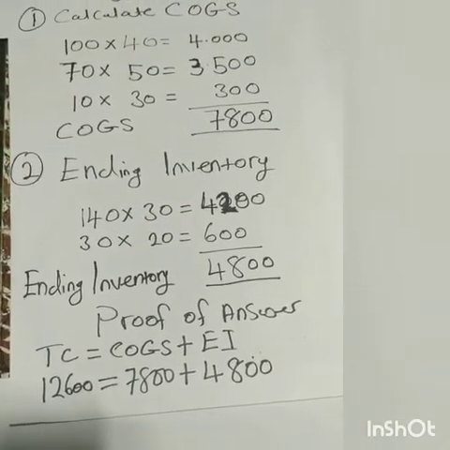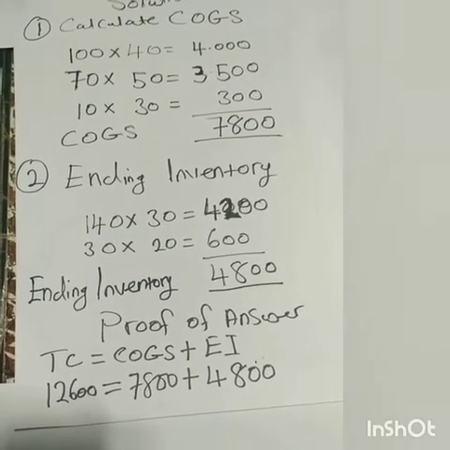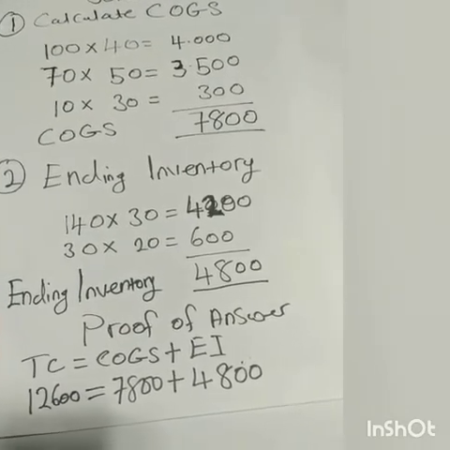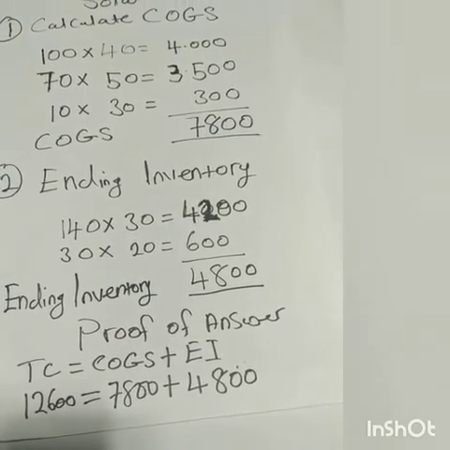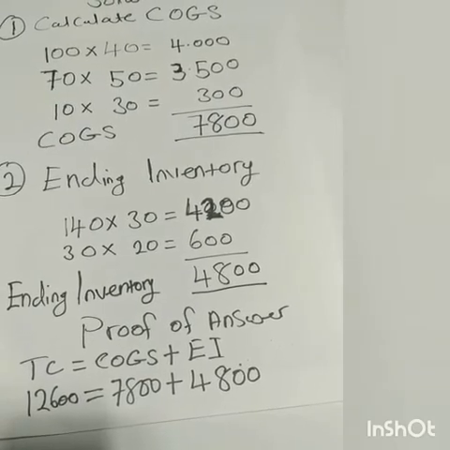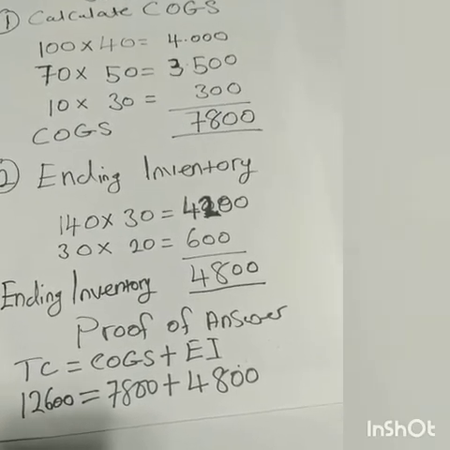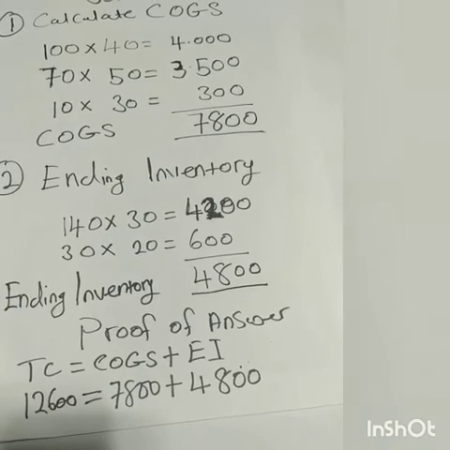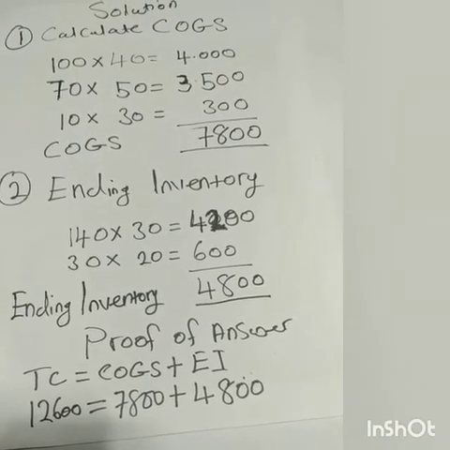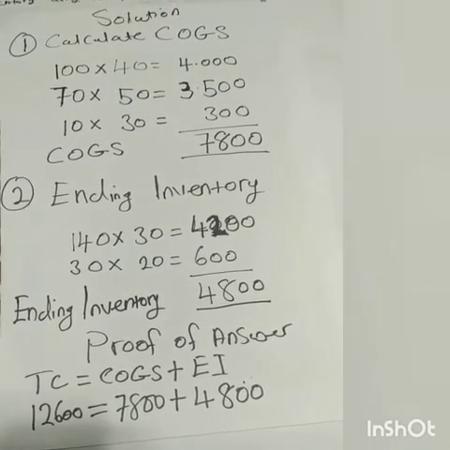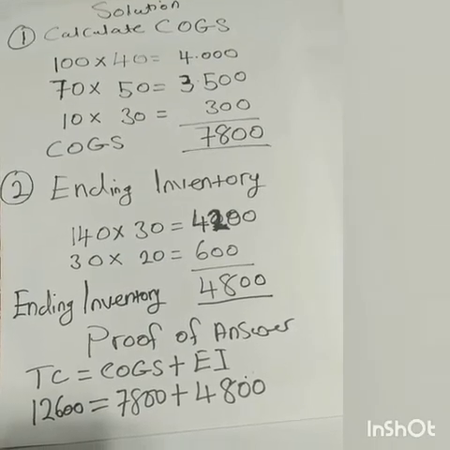You remove 10 out of it and you still times it with the unit price of that transaction. So the unit price of that transaction is 30. So you take 10 times 30 equals 300. So you sum it all and you're going to have 7,800, and that is your cost of goods sold. All right, that is your cost of goods sold.